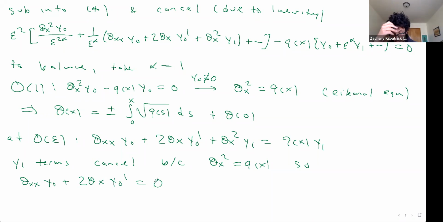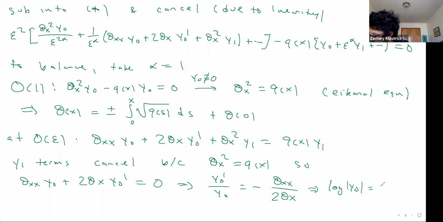Okay, and so I can do some kind of separation of variables approach here. Let's write this as y0 prime over y0 is equal to minus theta xx over 2 theta x, with just some rearranging. This implies that the log of y0 is equal to minus a half log of theta x plus some constant c.